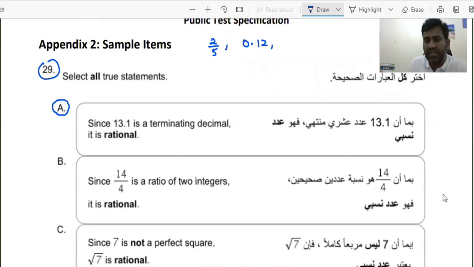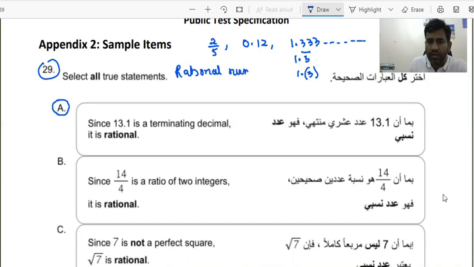For example, 1.3333, where 3 is repeating till infinity, can also be written as 1.3 bar, or 1.3 in brackets. It means 3 is the digit which repeats till infinity after the decimal. These are all called rational numbers.